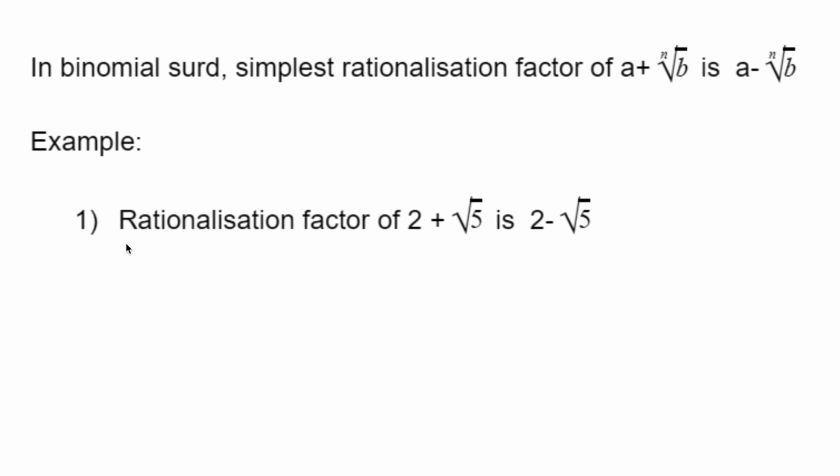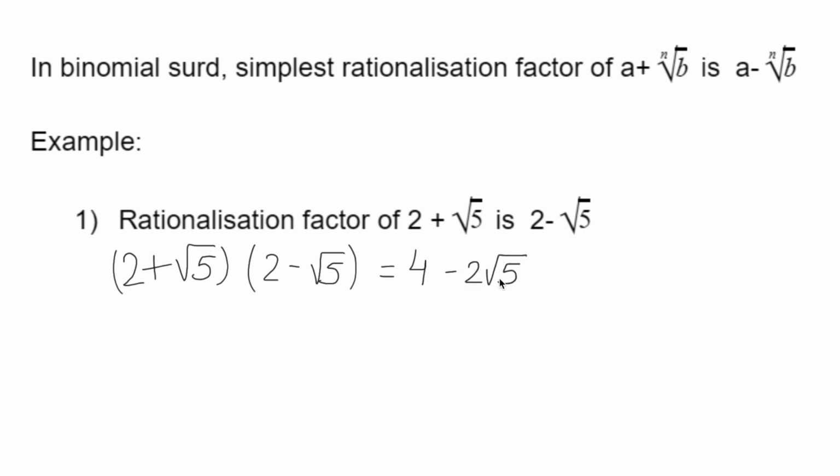Now how to prove this? Let's take 2 plus under the root 5 and multiply it with the rationalization factor, which is 2 minus under the root 5. That is nothing but 2 into 2, 4, minus 2 under the root 5, plus 2 under the root 5, minus under the root 5 to the square.